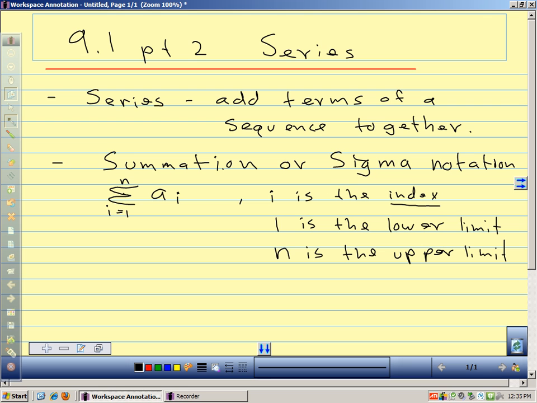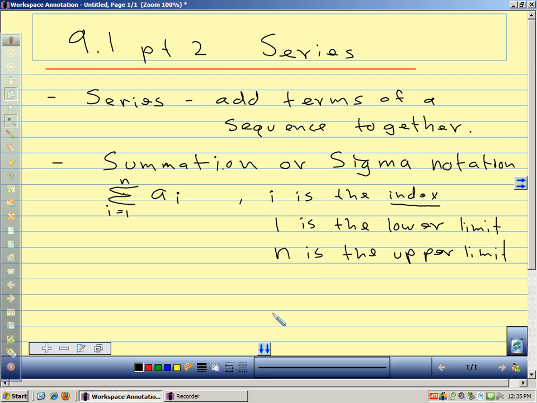So the sigma tells us we're adding these things together, starting at 1, and adding all the terms from 1 to n together. We'll do a couple of examples in just a second.